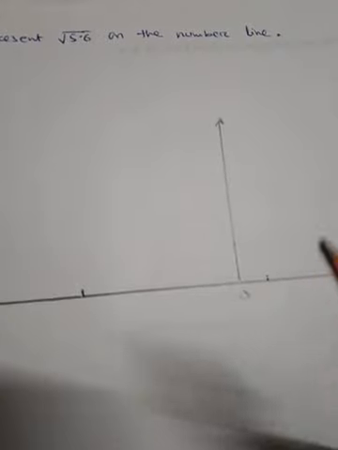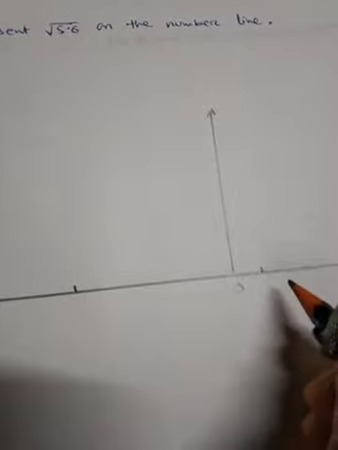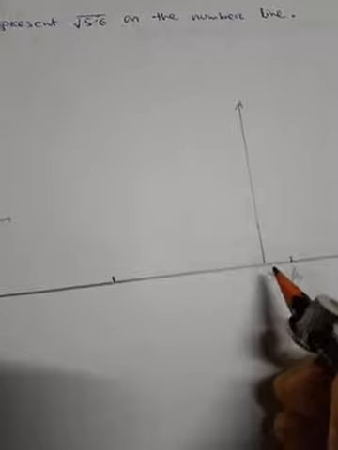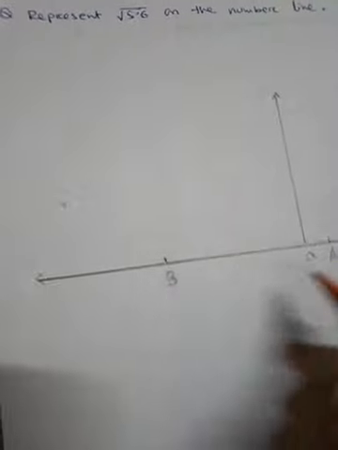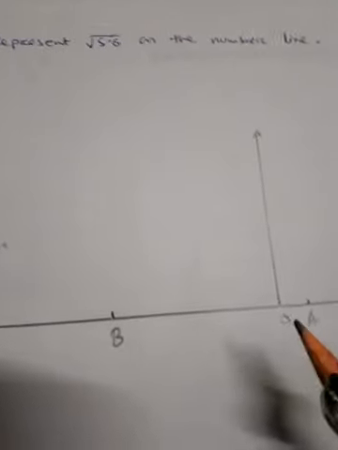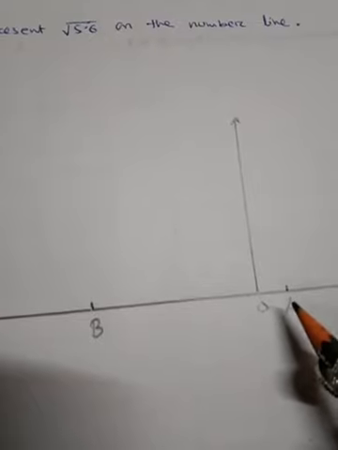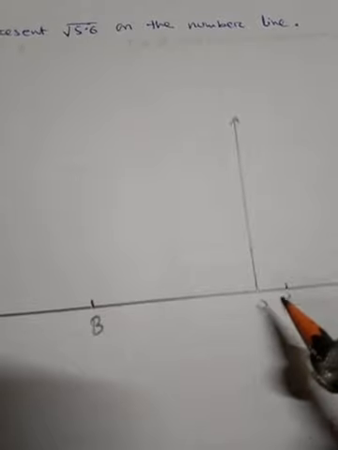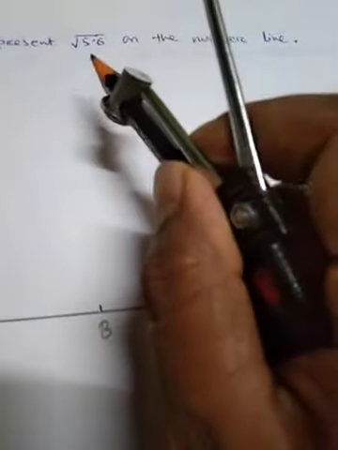So here I have taken centimeter, so from O on the right hand side I have taken 1 centimeter, so mark it as A, and from O on the left hand side we have taken 1 point which is B, where OB is 5.6. Now we have to remember that OA is always the same, so everywhere we'll take 1 unit on the right side, but the place of B will differ depending upon the question.